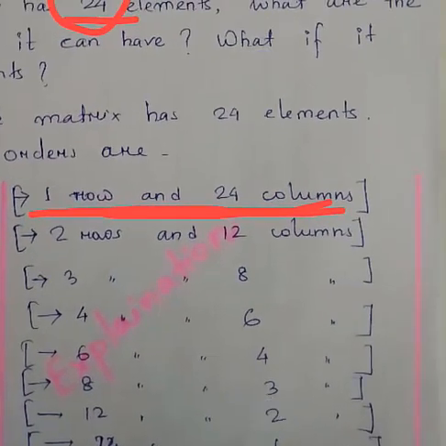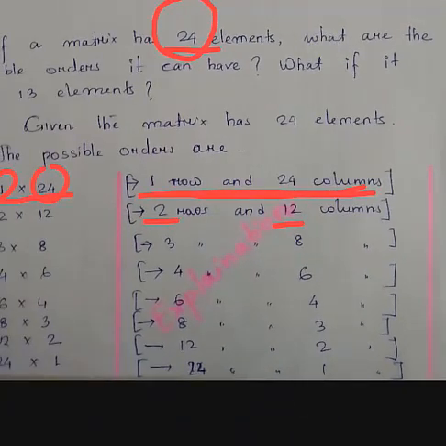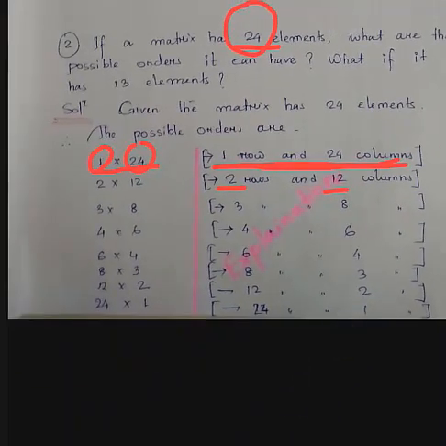Similarly, when the matrix is having 2 rows and 12 columns, 2 times 12 is 24. This is nothing but factorization, meaning the possible factors of 24. If you write them, you will get these outcomes.